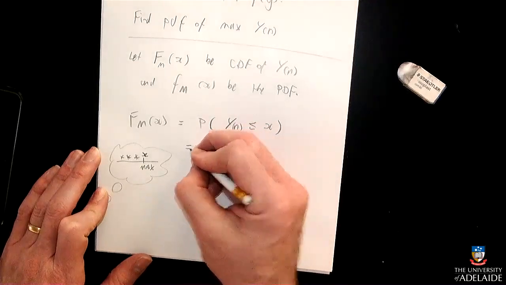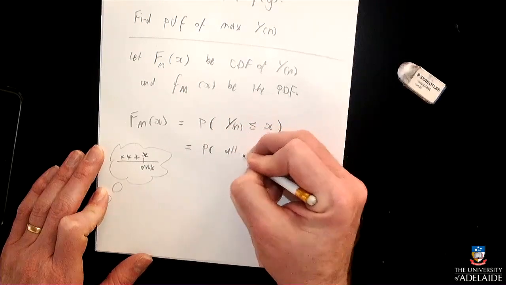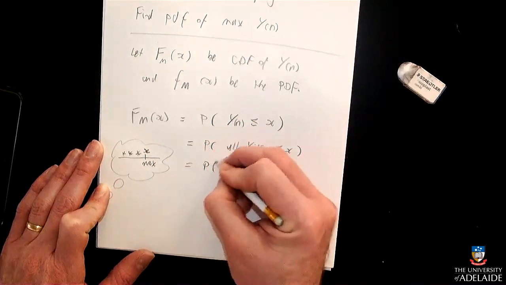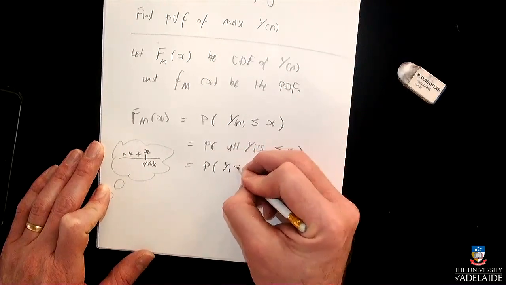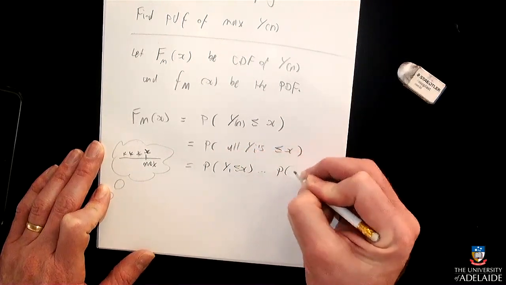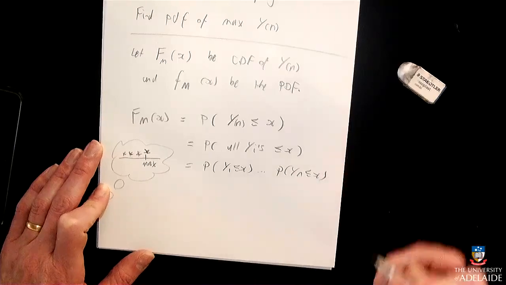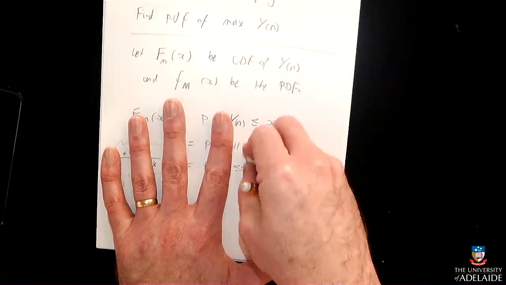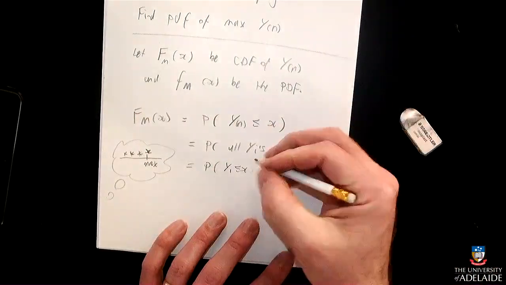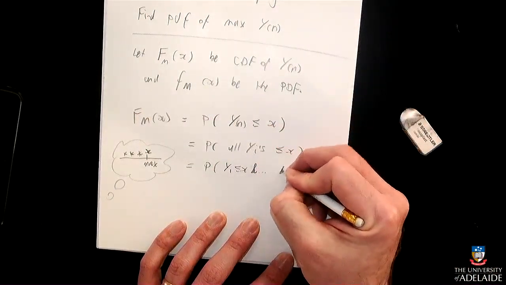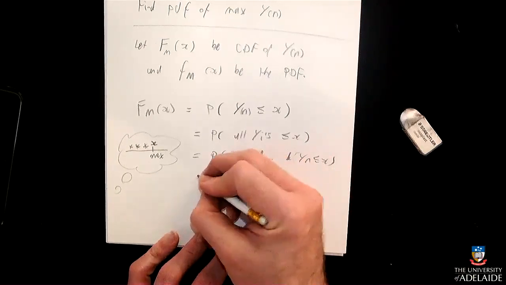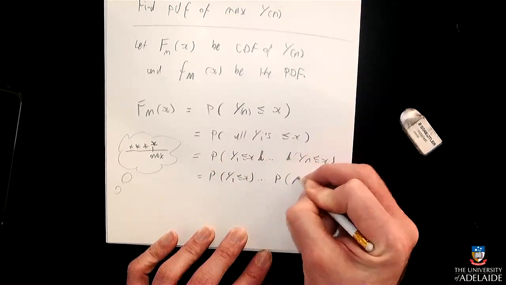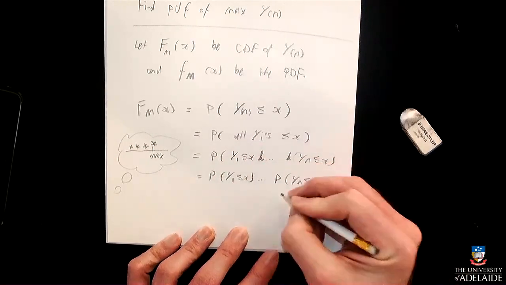So this is the same as the probability of all the yi's being less than or equal to x, which is the probability that y1 is less than or equal to x, and so on, which we can do because they're independent. We can separate them all. Technically it's like an 'and', which because they're independent can be separated into a product like that.